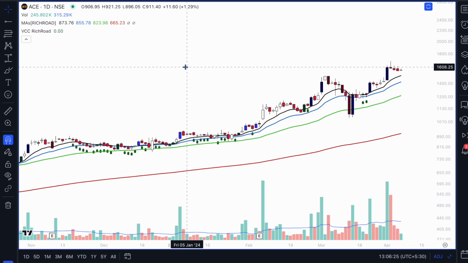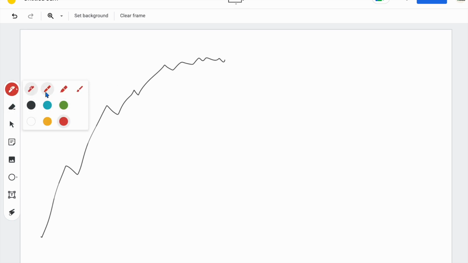So let's take this example and what we are looking at. See, what VCC is going to give you is an area where there is a compression in the volatility. It will show you that. Now, what is important, I'll tell you. Let's take an example of 2 stocks. Let's say one stock is going up like this, and it starts showing the VCC exactly at this point, right?